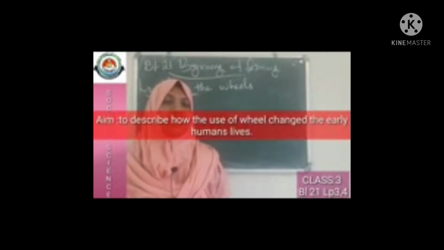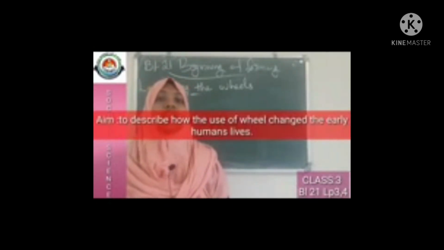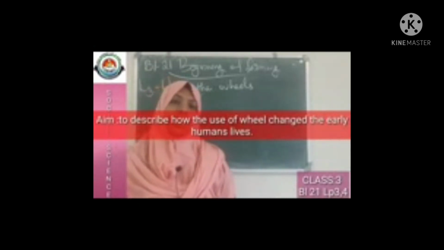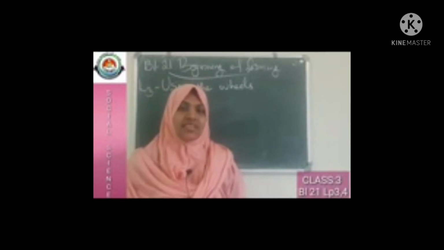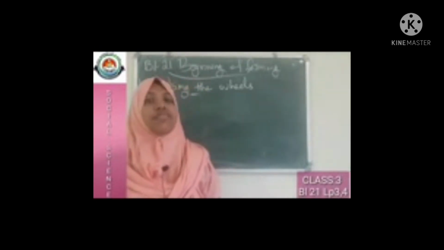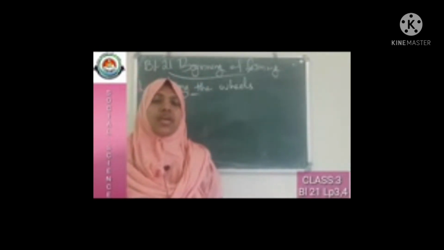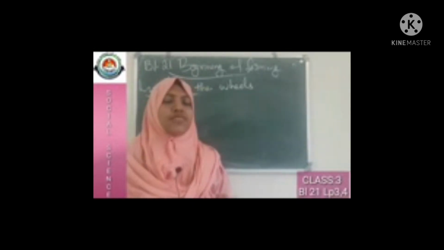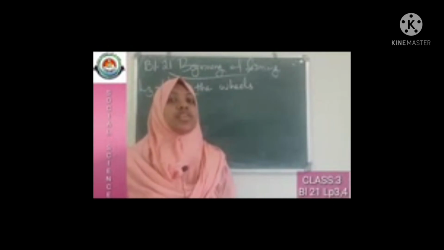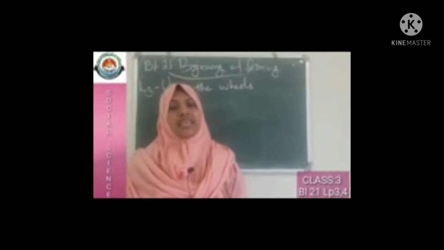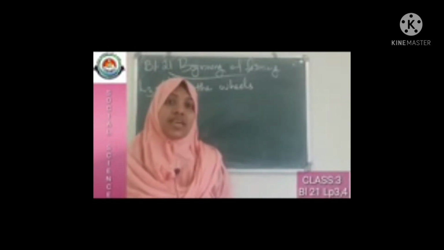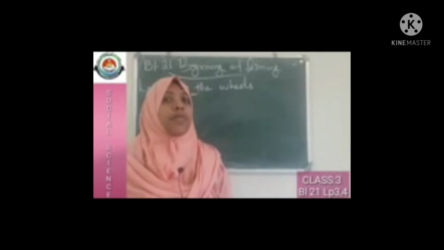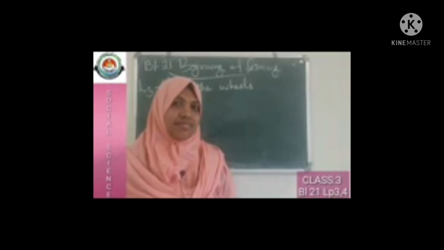Aim of this lesson is to describe how the use of the wheel changed the lives of early humans. Keyword: wheel. Children, how do you come to school? Yes, we use different vehicles to come to school, like cars, bus, bicycle, motorcycle or auto rickshaw.